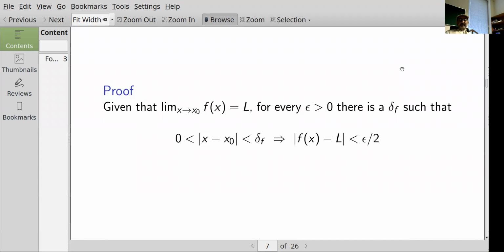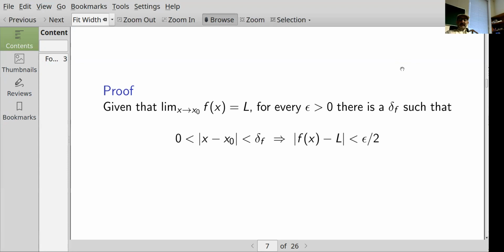When you said that the limit as x goes to x naught of f of x equals L, what you meant formally was that for every epsilon greater than 0, there is a delta sub f such that x within delta sub f of x naught implies that f of x is within epsilon over 2 of L. Okay, so two things I'll point out here.